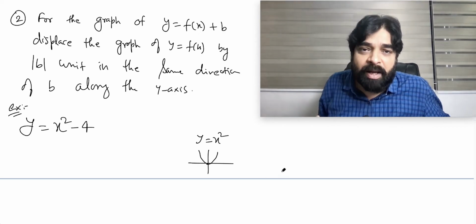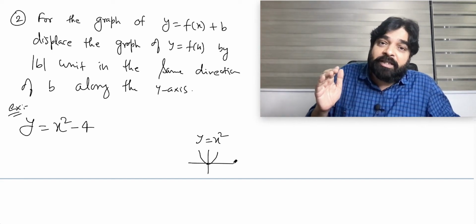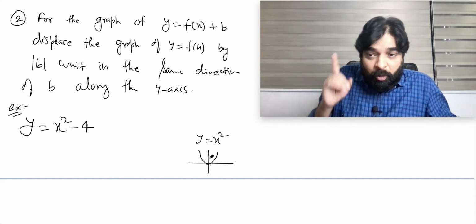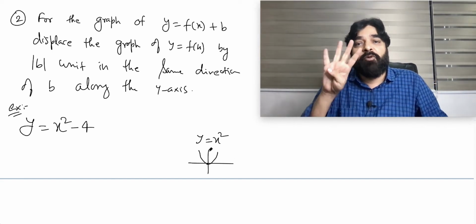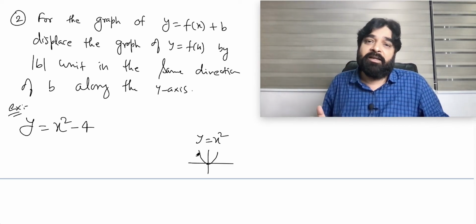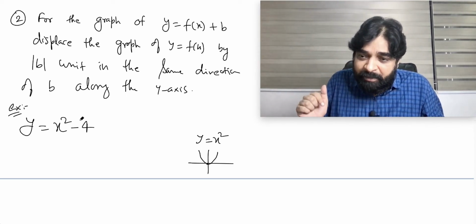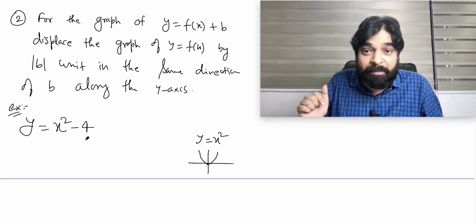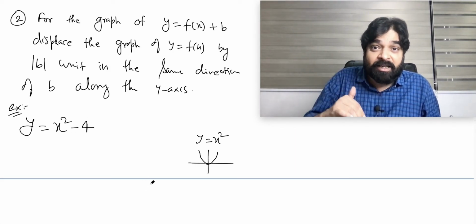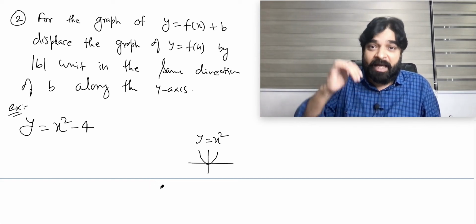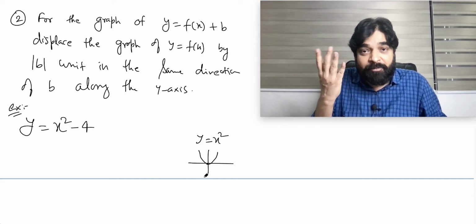Y equal to x square. Now we want y equal to x square minus 4. So means we have to displace this graph by 4 unit. In which direction? In the same direction of the b. B is what here? Minus 4. So will displace in negative direction of y-axis. Same direction. By what unit? By 4 unit.